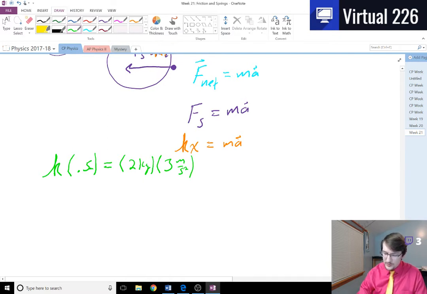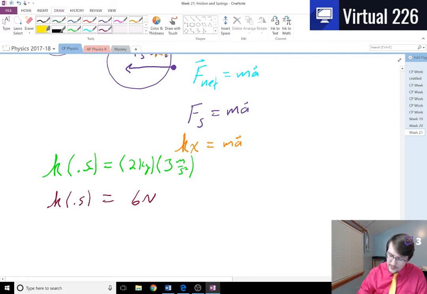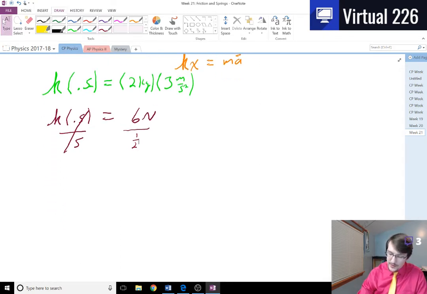So if we want to go ahead and solve this, we know that 2 times 3 is 6, so that's 6 newtons. And then we have k times 0.5. If we divide each side by 0.5, remember, dividing by half is actually like multiplying by 2. So what we're going to get in the end here is we're going to say that k is going to be equal to 12.